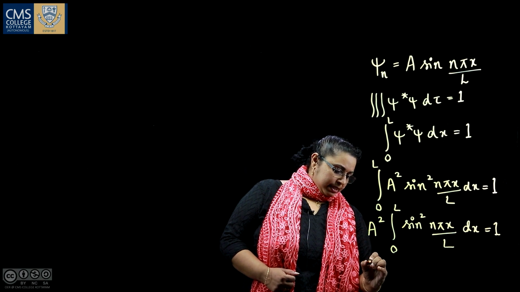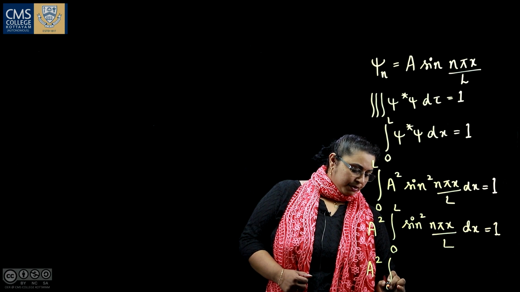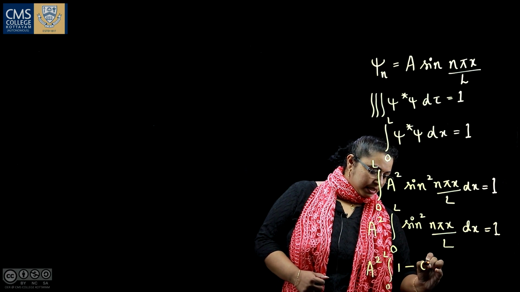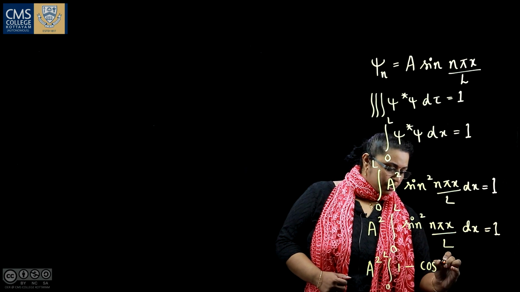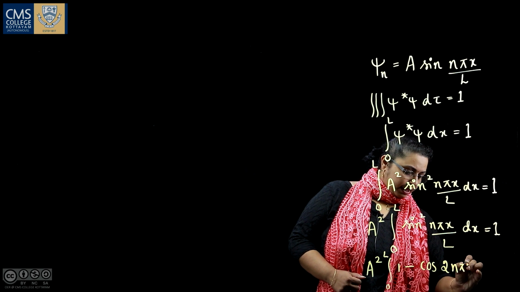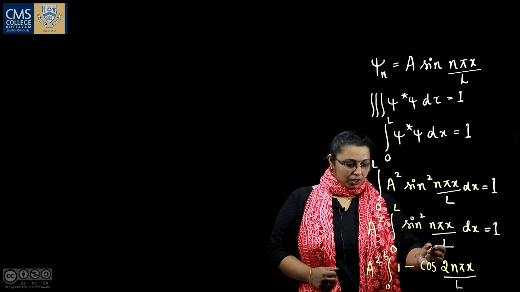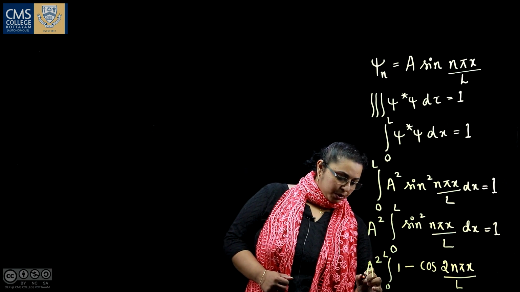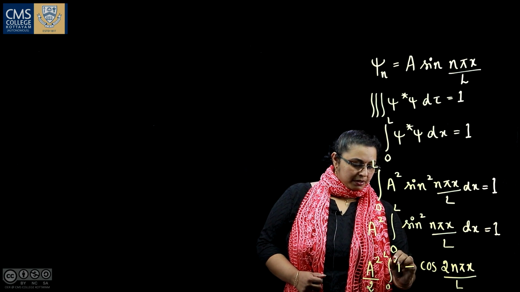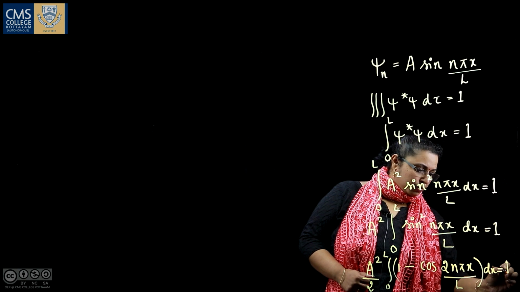I will write it as A square integral from 0 to L, 1 minus cos 2 n pi x by L, the whole divided by 2. That 2, since it is a constant, I am taking it out, dx is equal to 1.